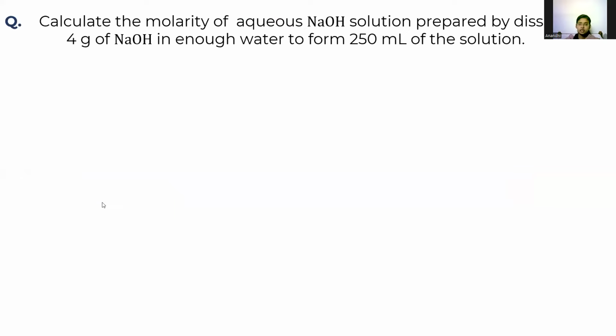We need to calculate the molarity of aqueous NaOH, which is sodium hydroxide, prepared by dissolving 4 gram of NaOH. This 4 gram is the mass of the solute.